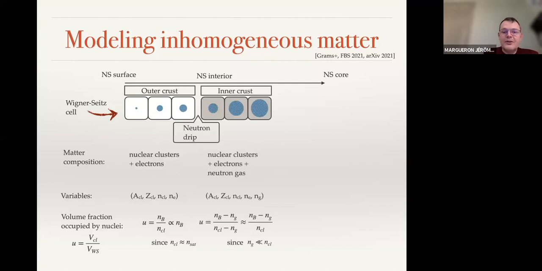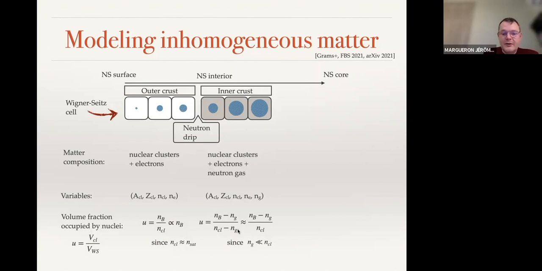So when we go to the inner crust, this is defined as the point above which the first neutrons in nuclei drip out, and now we have to deal with the presence of neutrons in the gas, which adds an additional variable to the description. And the volume fraction is now given by this expression.